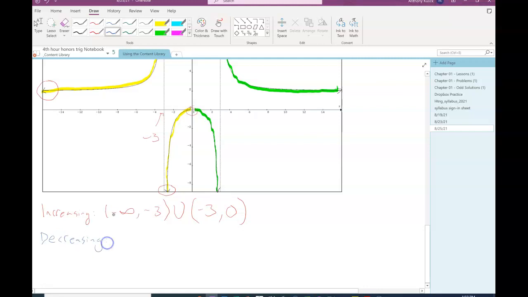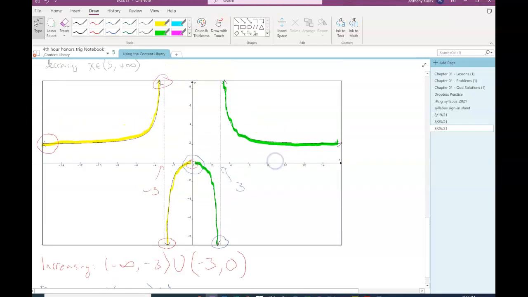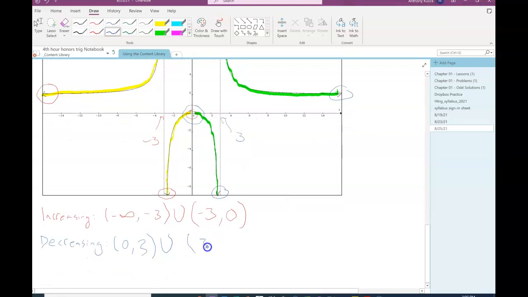Our decreasing section starts here at 0 and goes all the way here, which looks to be at the asymptote 3. And then it hits that asymptote, so we have a break in our graph, so we have to have a break in our interval. The next section starts up here at 3 and goes all the way to the right arrow, which is positive infinity.